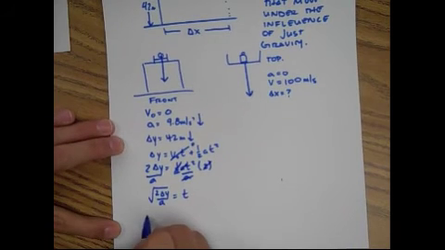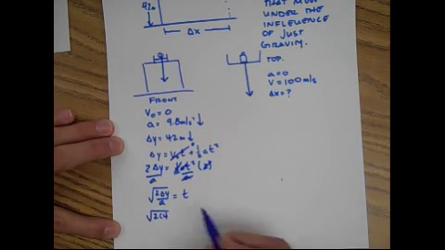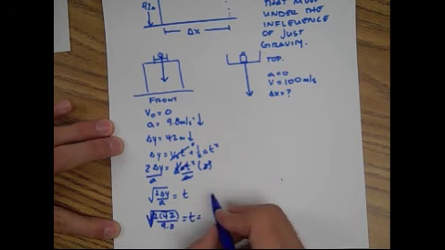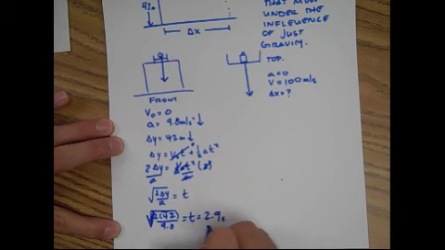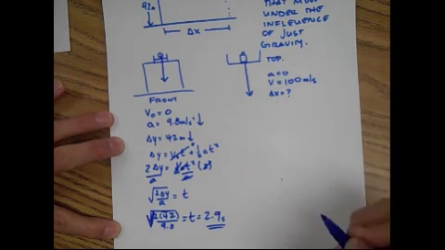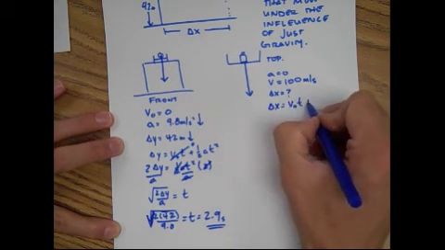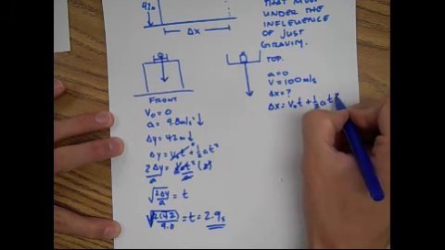If we plug in our numbers, the square root of 2 times 42 over 9.8, all of that being square rooted, gives me the time, which is 2.9 seconds. And if I want to know how far I go, delta x equals v0t plus 1/2 at squared.